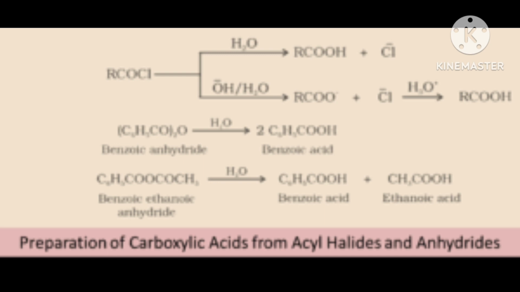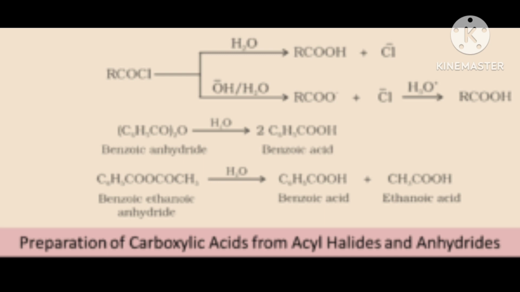Means one side a phenyl group, the other side an alkyl group, with oxygen in the middle. Then all things will be the same. Again you will get two carboxylic acids, but one will be acetic acid and the other benzoic acid. I think now you have understood. Last time you got two benzoic acids, but here one is benzoic acid and the other is acetic acid, also called ethanoic acid.